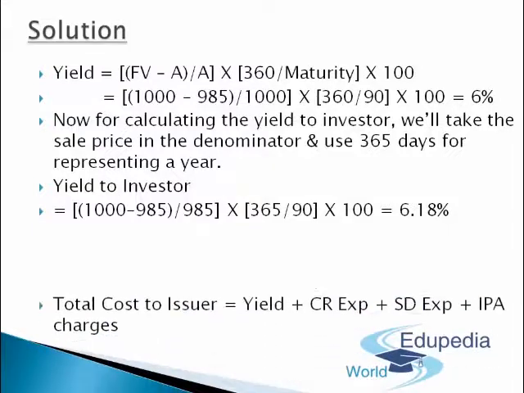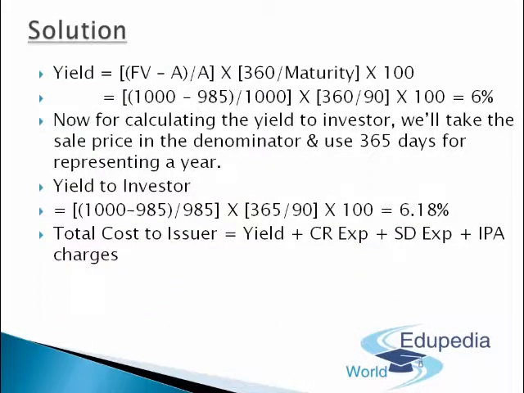6.18%. So the total cost to issuer is yield, that is the kind of opportunity cost that is likely to be paid, plus there are credit rating expenditure, plus there is stamp duty expenses, plus there is some IPA charges.